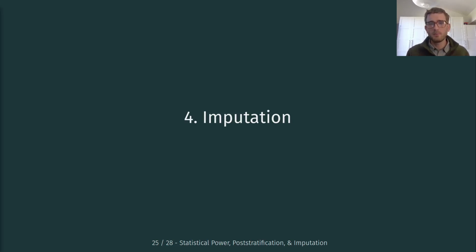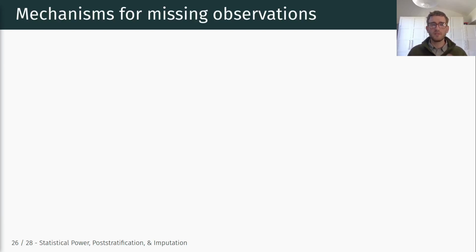Okay, but before we start, one thing we have to think about whenever we talk about issues with missingness, and how to replace missing values or how to take them into account in our analysis, is the different mechanisms underlying the missingness, that are essentially determining whether an observation or a specific value is missing or not.